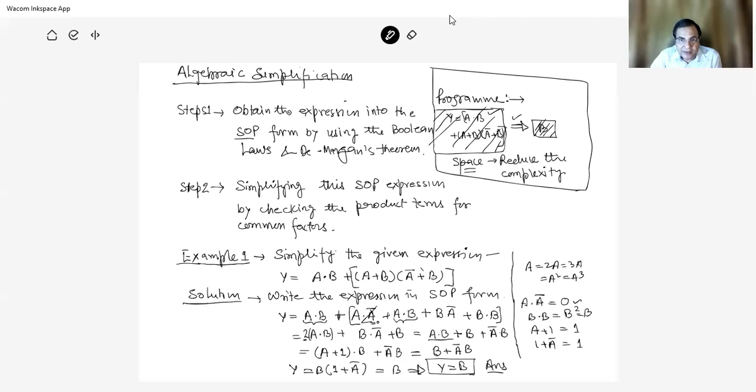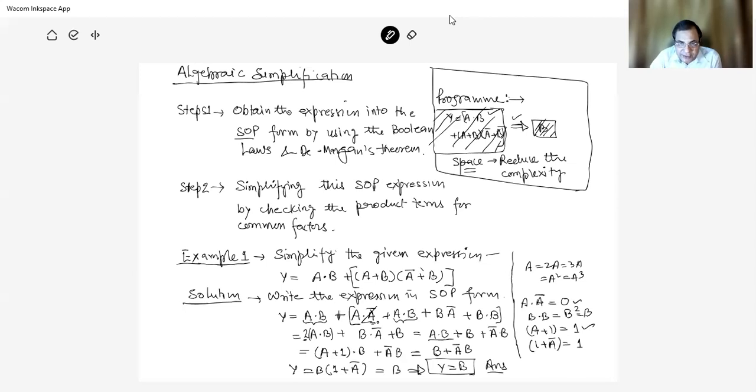Here we have B A bar and this one is B. B is taken common, so inside the bracket this is A plus 1. A plus 1 dot B plus A bar B. A plus 1 is equal to 1, and similarly A plus A bar is equal to 1.